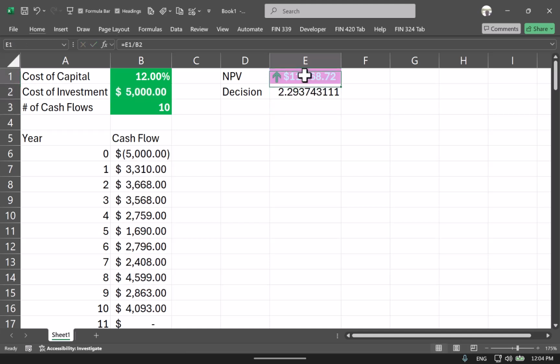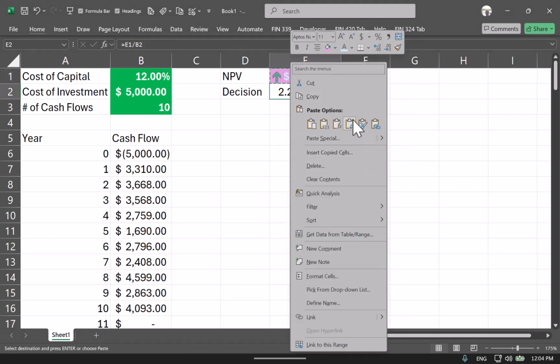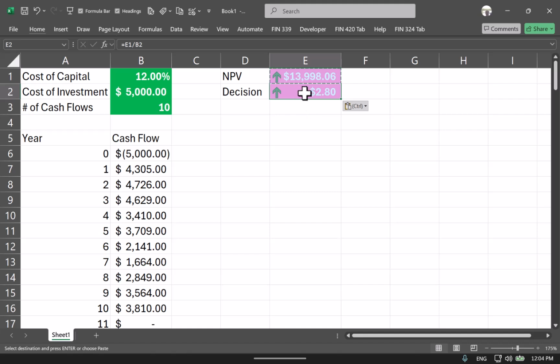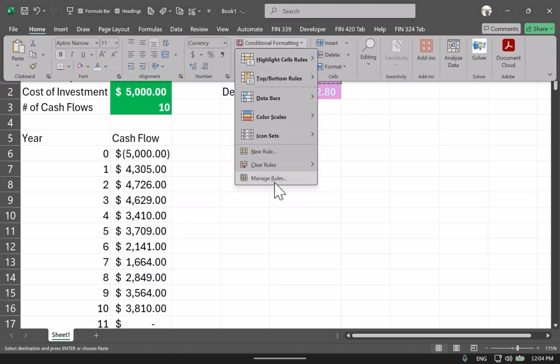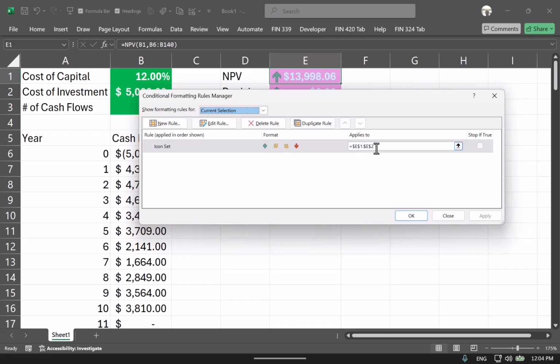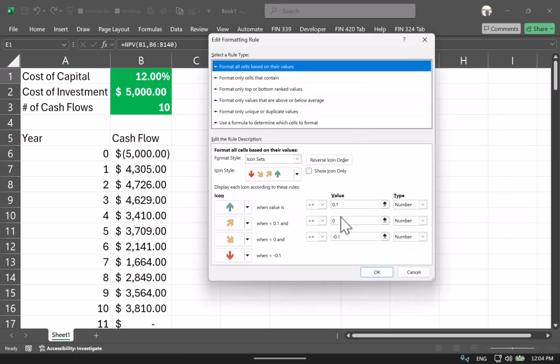I'm going to copy and paste the format, but let's do. This is going to apply only to the second one. Now I'm going to apply it.